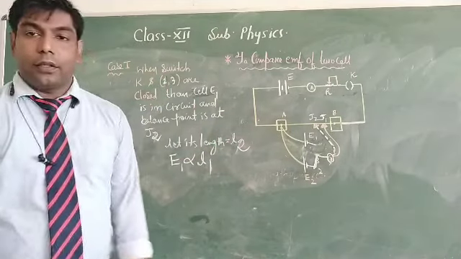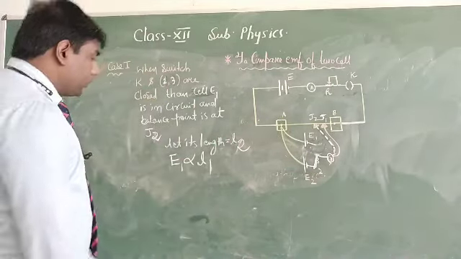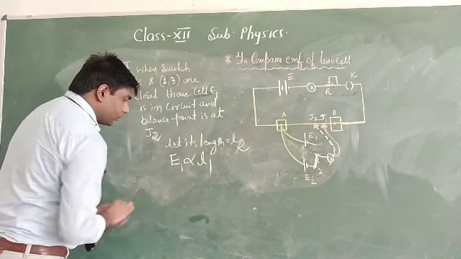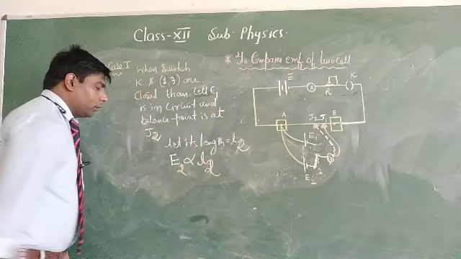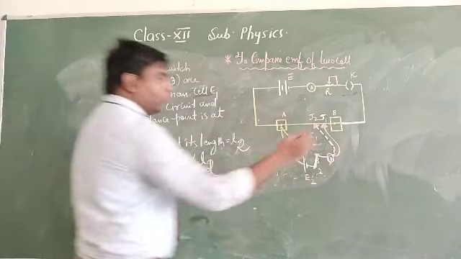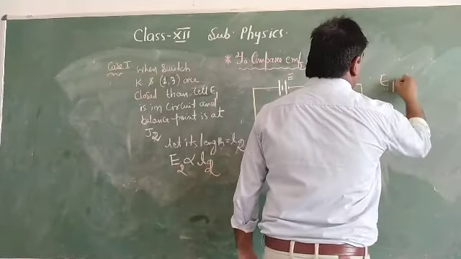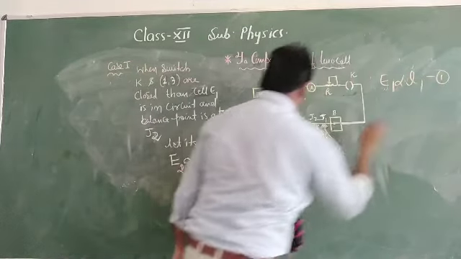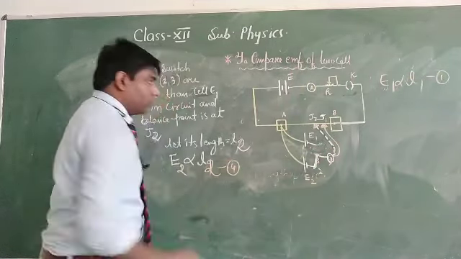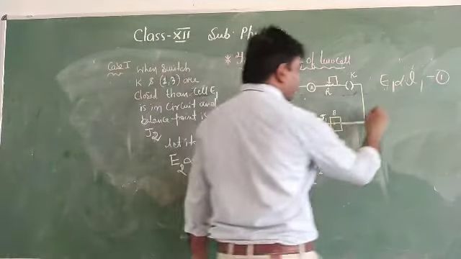Let its length be L2. So according to the principle of potentiometer, E2 is proportional to L2, and E1 is proportional to L1. This is equation 1, and this is equation 2. Now, what divided by what?